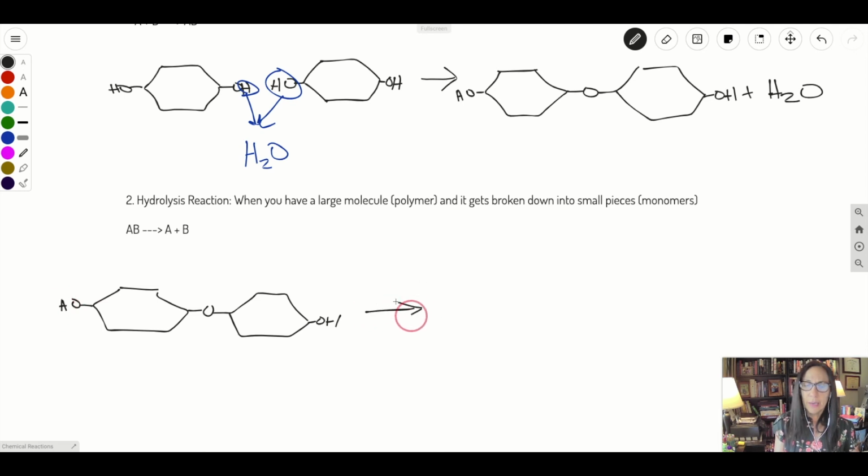And then a chemical reaction, a hydrolysis reaction, is going to occur. And what's going to happen is we're going to have a water molecule break this bond where the oxygen is and embed itself back into the two and make them into 2 pieces. So you're going to have water come in here. Okay, it's going to go in here and break the bond. So water breaks the bond.